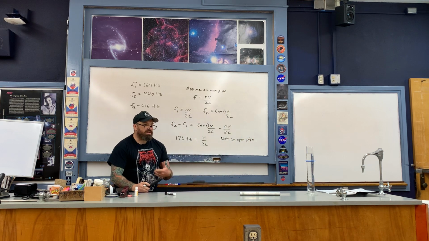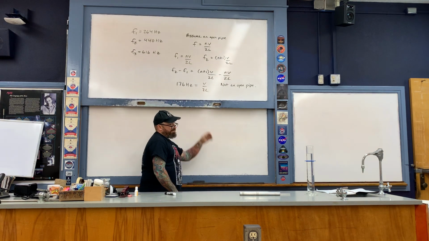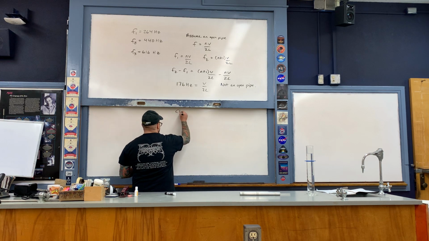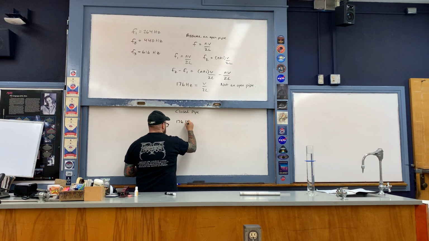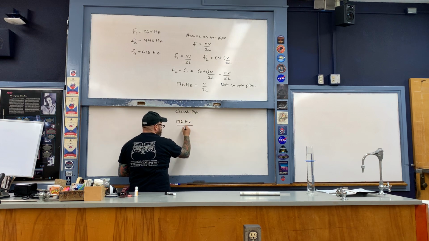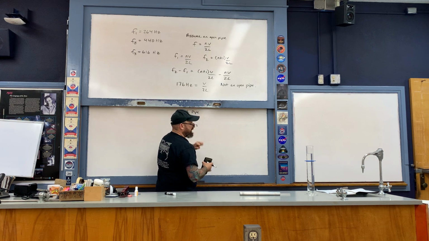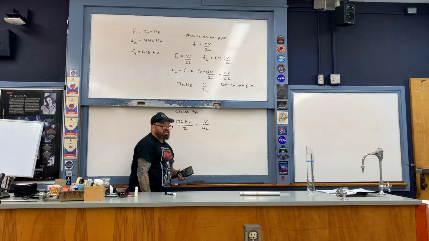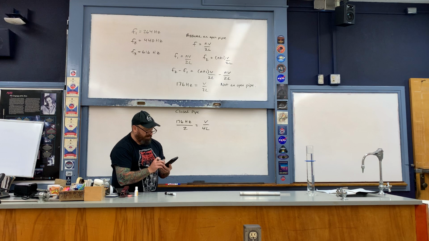So then therefore it must be a closed pipe. So if it's a closed pipe, then how do I find the fundamental frequency? Well, let's take this quantity here of 176 hertz, and let's divide it by 2. Because when I do, I'm taking the right-hand side of the expression and dividing that by 2 as well, which is V over 4L, and that's the fundamental frequency of a closed pipe.